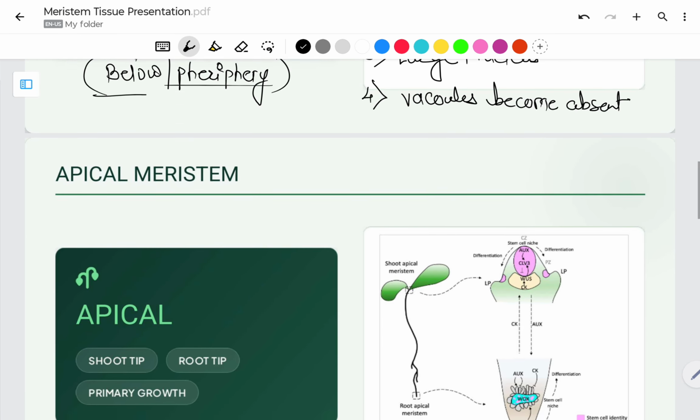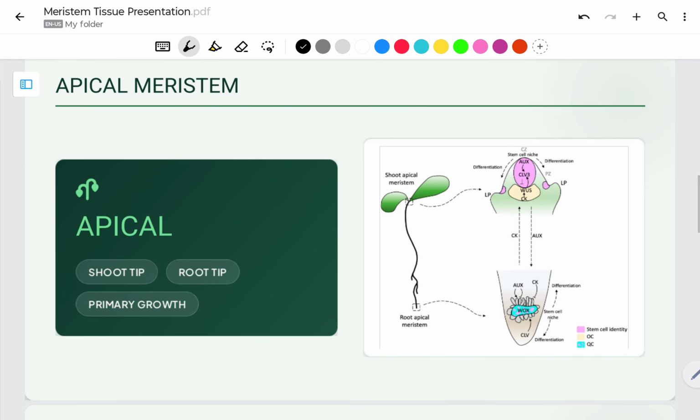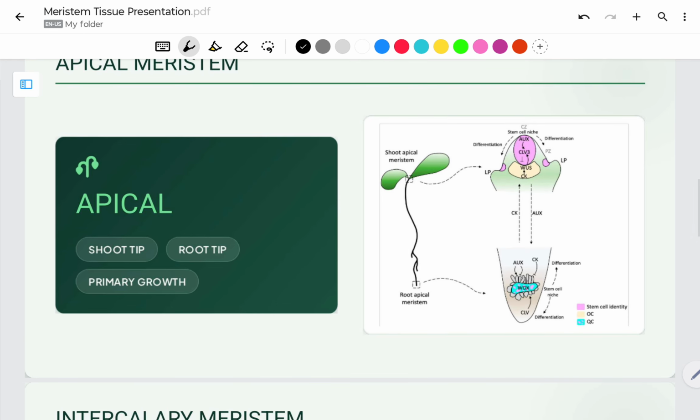First we discuss the apical tissue. The meaning of apical is above, up, tip. The tissue which is located above, at the tip position or tip area of the plant, is called apical tissue.